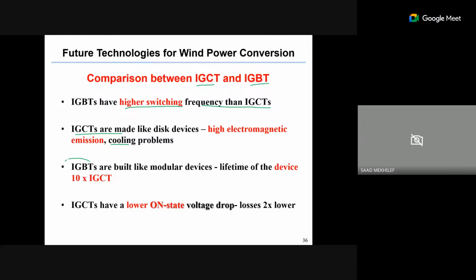In terms of lifespan, which is also related to the wind turbine, IGBTs' lifetime is usually 10 times that of IGCTs. This is very important, because when we calculate the lifespan of a wind turbine, we take it based on the lowest lifespan of a component within the system.